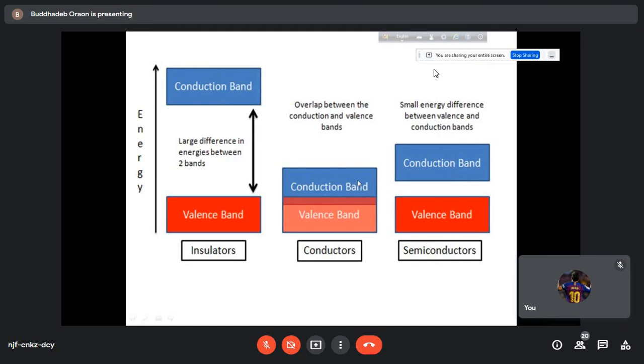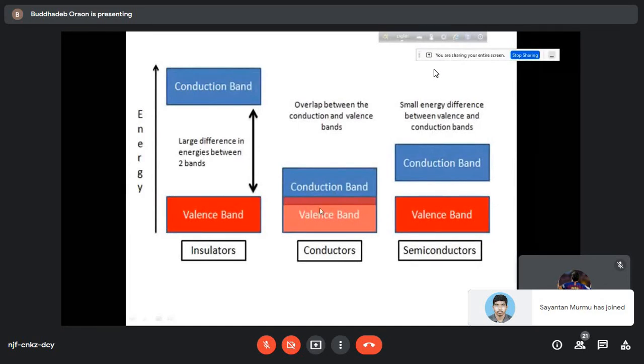The conduction band itself is half filled, so there is some space in the conduction band itself, and the electrons in the conduction band can move. They have the space to move around. That is why sodium is a conductor.